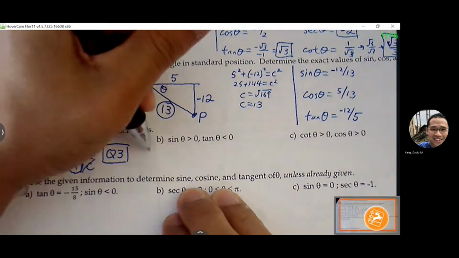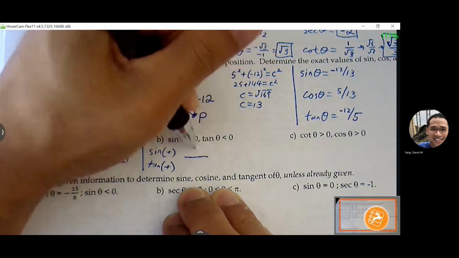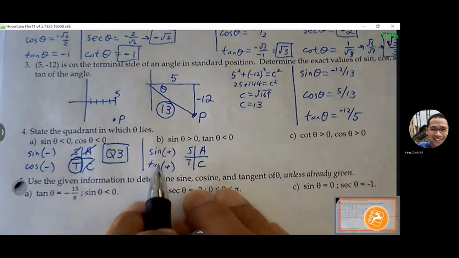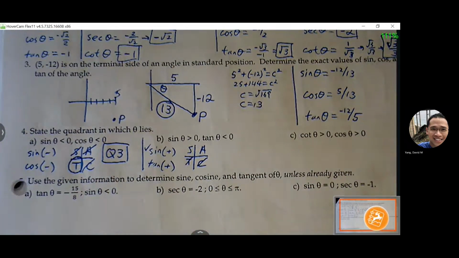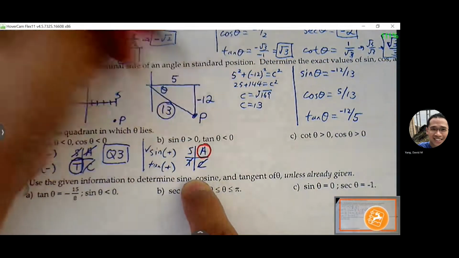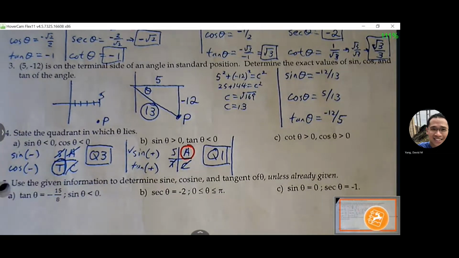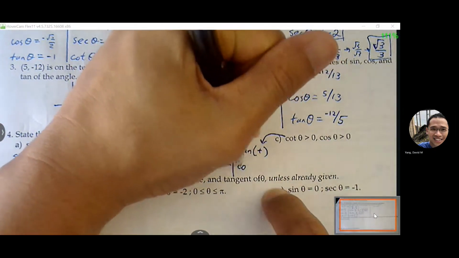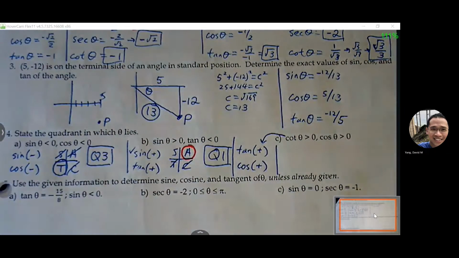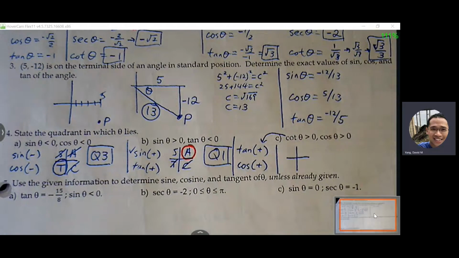Try the other ones. For cotangent, I chose the easier one to recognize, which is tangent.